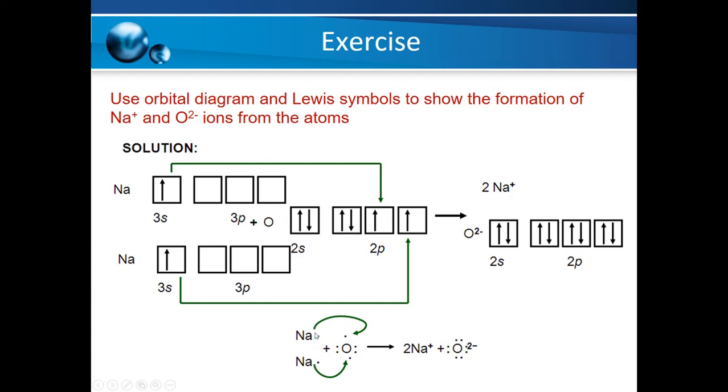So 1 electron is donated to oxygen, 1 electron is donated to oxygen, and oxygen will become 2, 4, 6, 8. So it will become an octet. And here is 2 Na plus, which means that there are 2 sodium ions in the reaction.